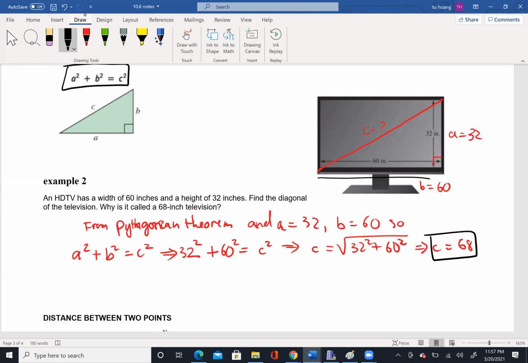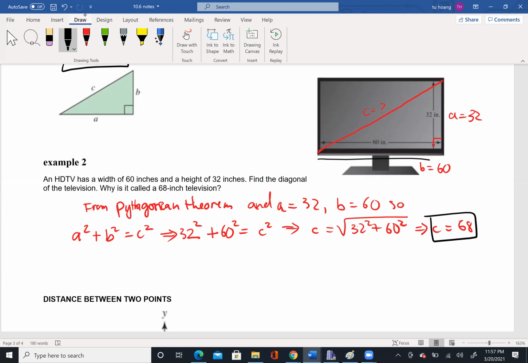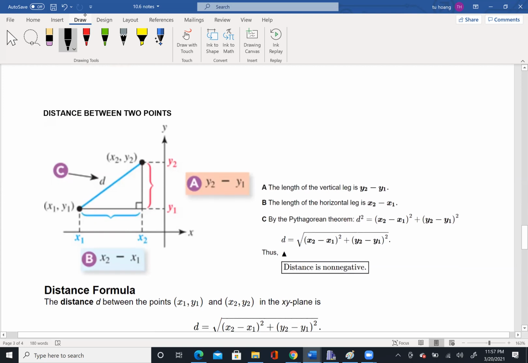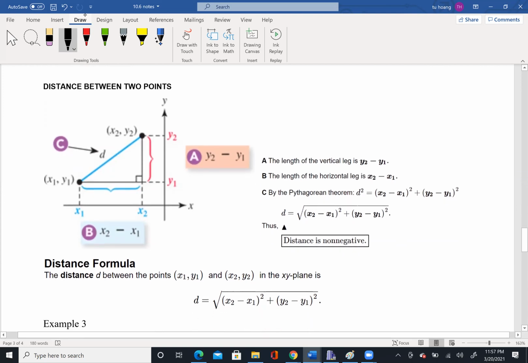Okay, so now let's talk about the distance between 2 points. In order to find the distance between 2 points, we apply the Pythagorean theorem and derive the distance formula in mathematics.